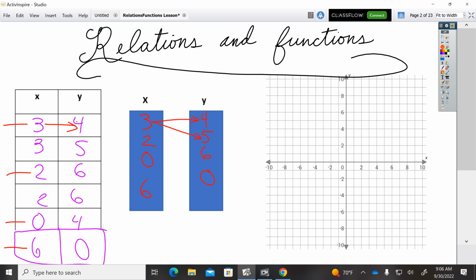To 6. Now the next one is repeated. I don't have to do it because I already have 2, 6. So now 0, comma 4. 0 has to be going to the 4. And the last one, 6, comma 0.